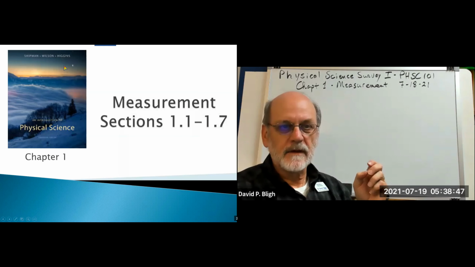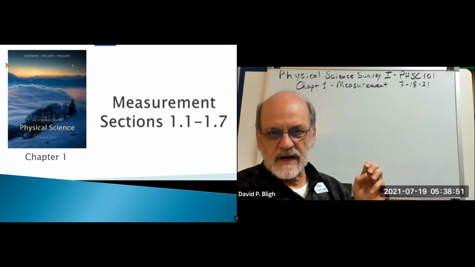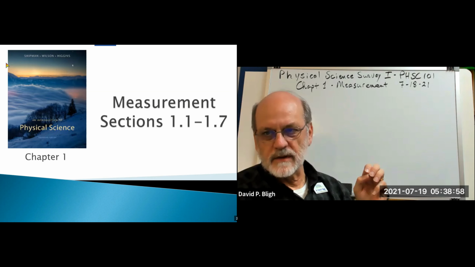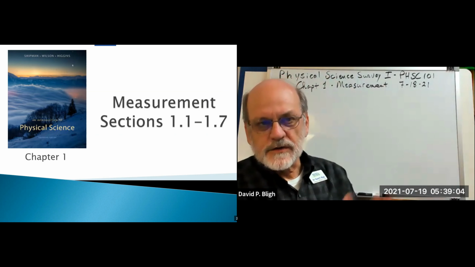There we go. Okay, and I make some adjustments on my side. You can't see what's going on here, but I'm moving some things around so that I can see things a little better, a little clearer.